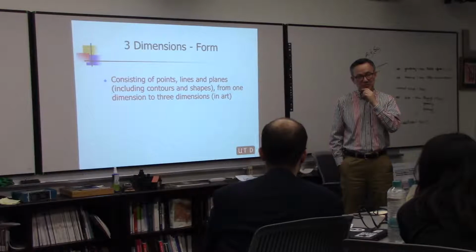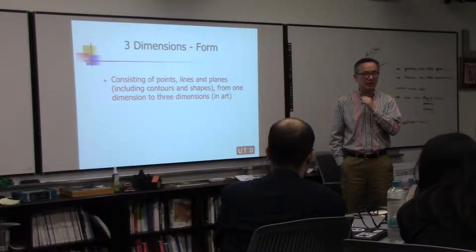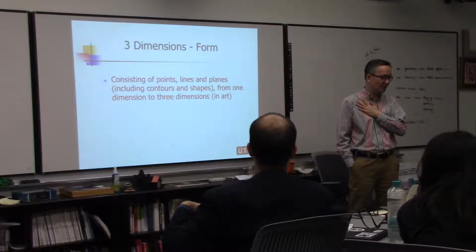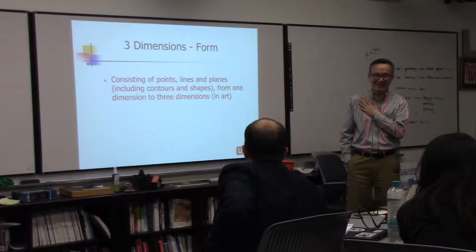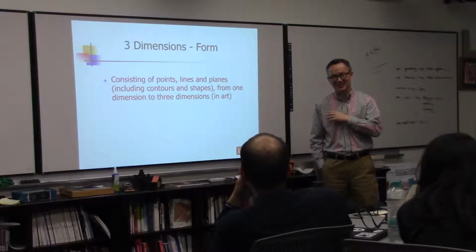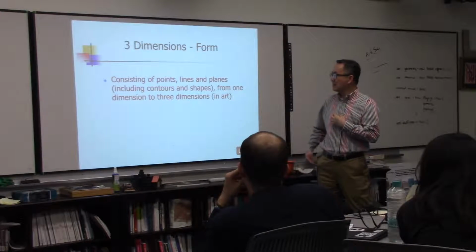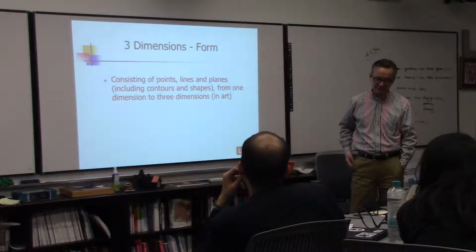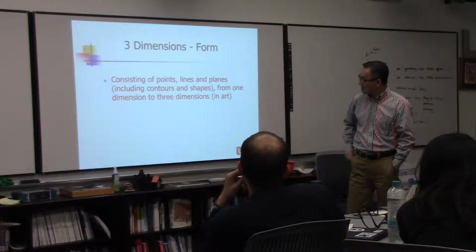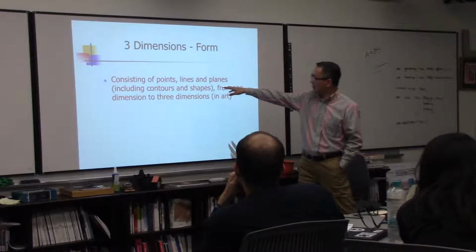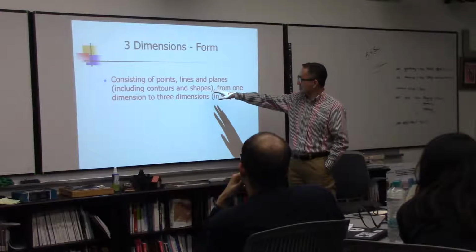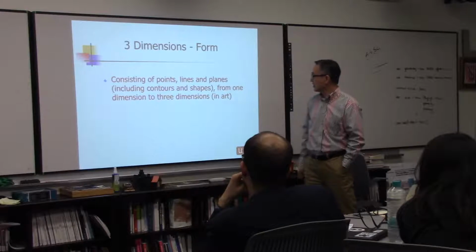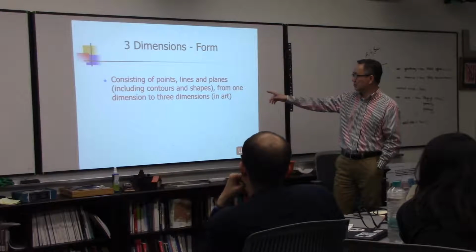He has another book called On the Spiritual in Art, in which I think he talks about color and how to use color. It is very hard to read, translated from German to English. So I based a lot of this on Kandinsky's books. Basically, forms consist of points, lines, and planes. Planes also include contours and shapes, from 1 dimension to 3 dimensions.